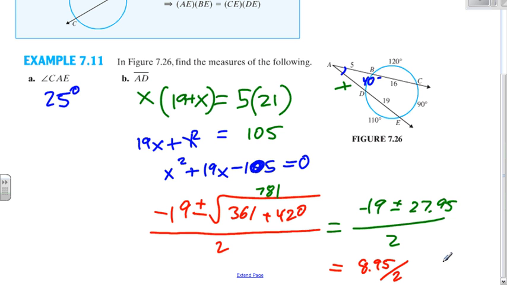Divide by 2. 4.47, or we could say 4.5. Go with 4.47, a little bit more accurate. So AD equals 4.47.